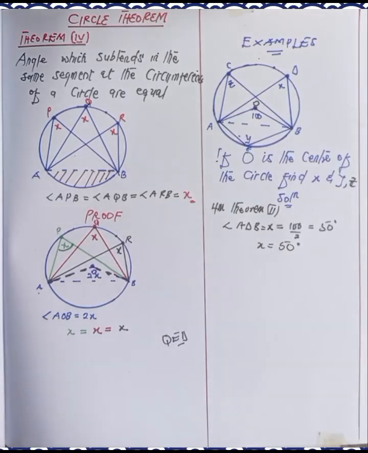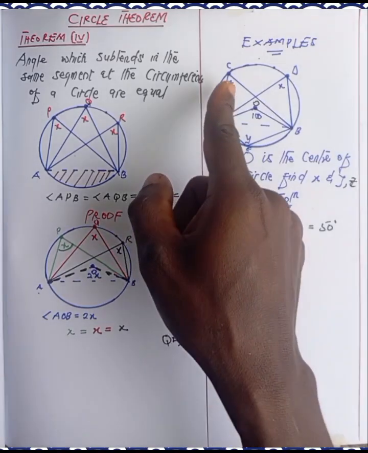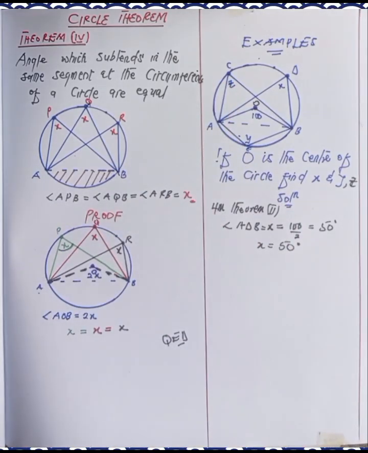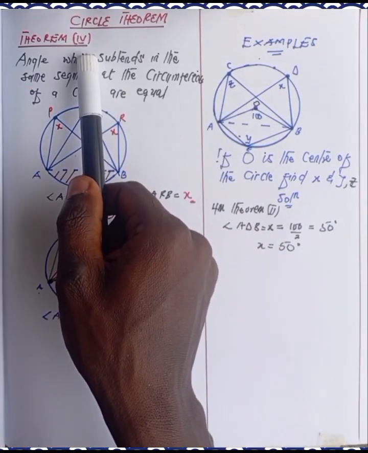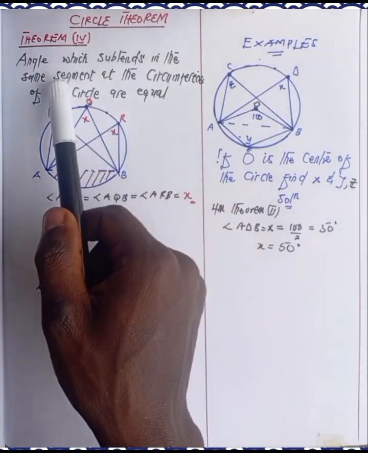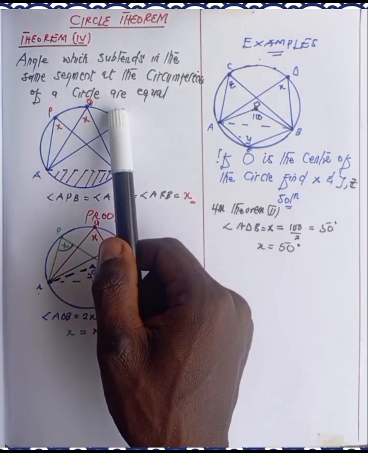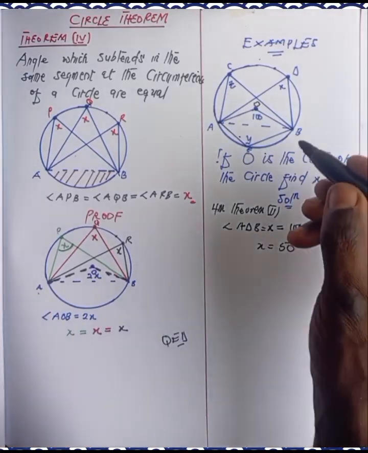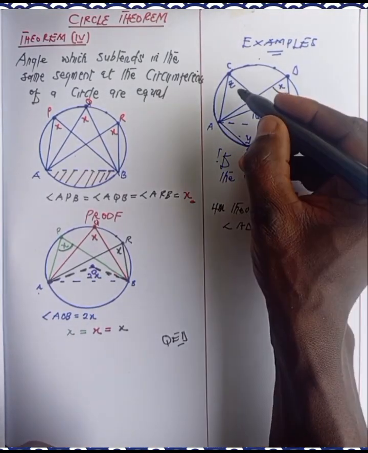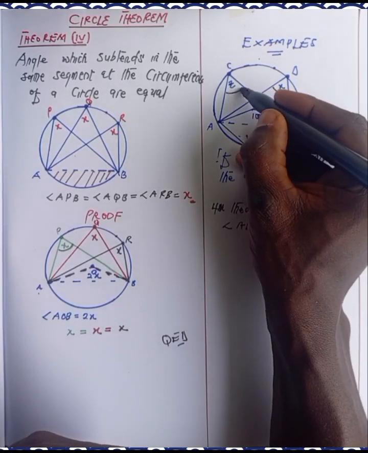Now that we are done with x, we can move on to z. Now with z, from Theorem 4, which says that angles which subtend in the same segment at the circumference of a circle are equal. In other words, angles in the same segment are equal. So it means that this angle is equal to this angle.